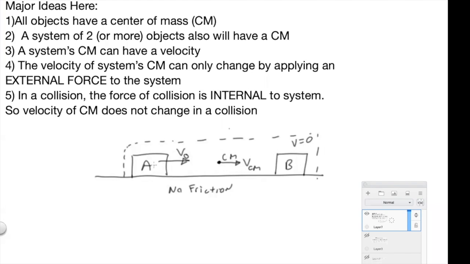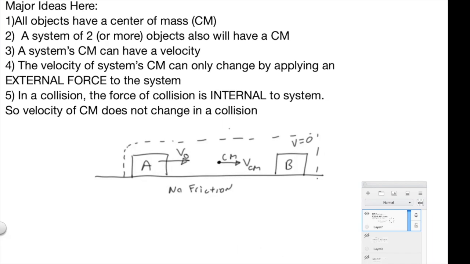If block A crashes into block B, there's going to be a force there, right, when A hits B. But is that an external force? Did something come in from the outside and exert a force on the system? Nope.